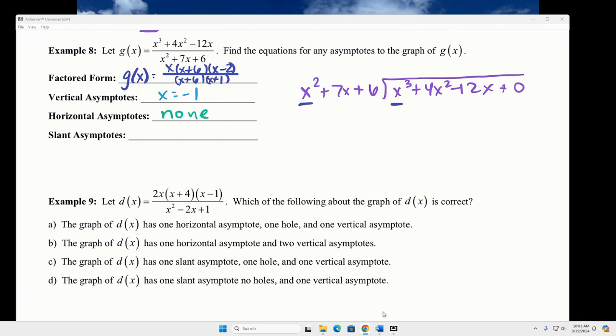Okay. So you're going to ask yourself, what do you multiply x squared by to get x cubed? It's going to be x. Good. Now we have to multiply that x by all three terms of the divisor.